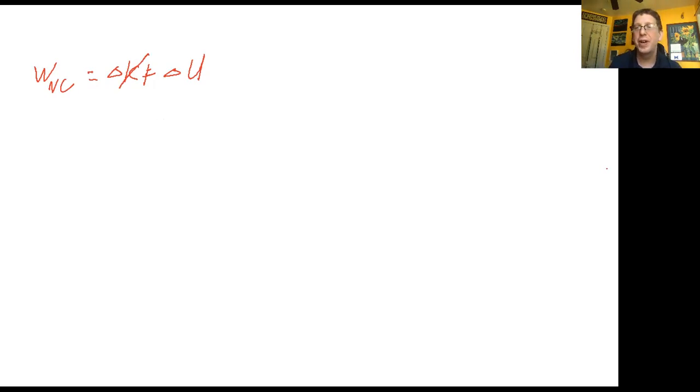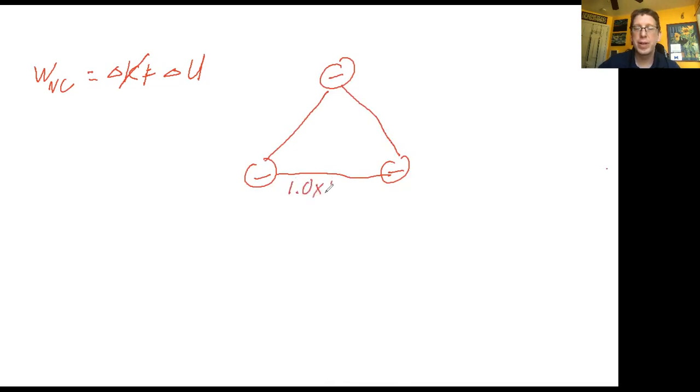So we have 3 electrons, and we're bringing them to an equilateral triangle. And they each have a distance of 1.0 times 10 to the negative 10 meters. So that's how far they are from each other. And so it's an equilateral triangle.